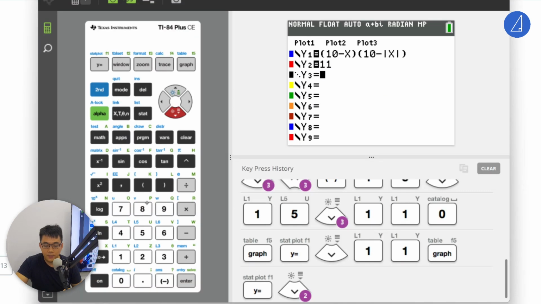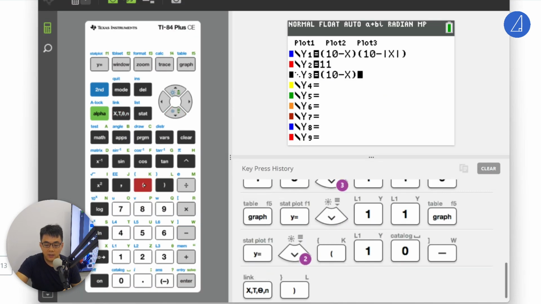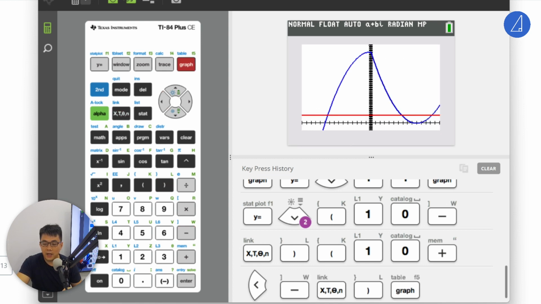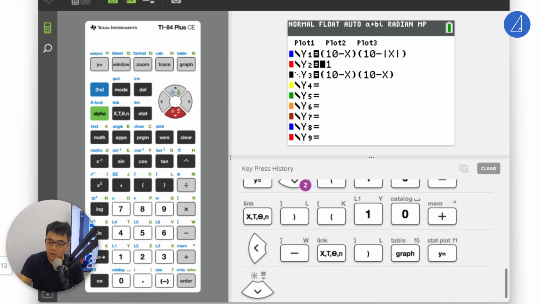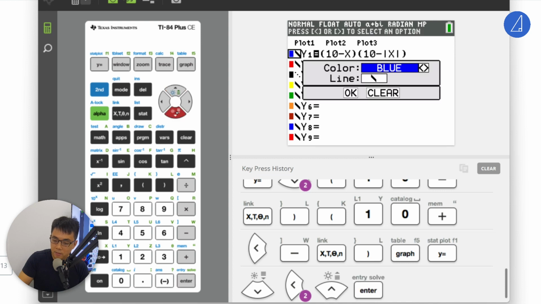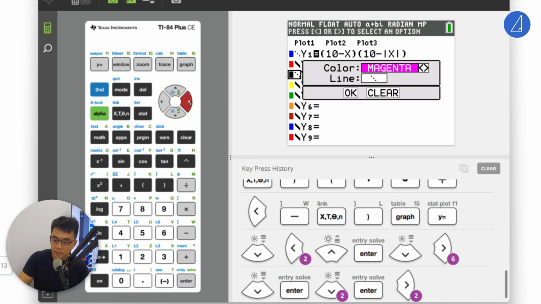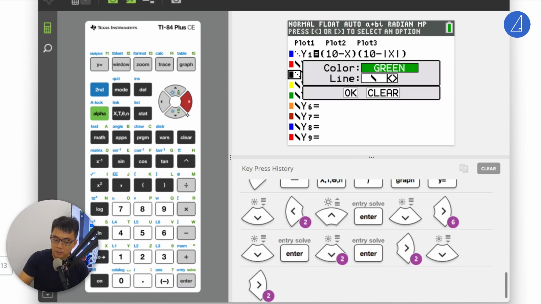So if you don't know, then you can also use a graphing calculator to see lah. So you can 10 minus x, then you just 10 minus x as well. Okay, this black color one, I can't even see what's the black color one. Shucks. Maybe I just put this as a dotted line. Inside I put as a green one.